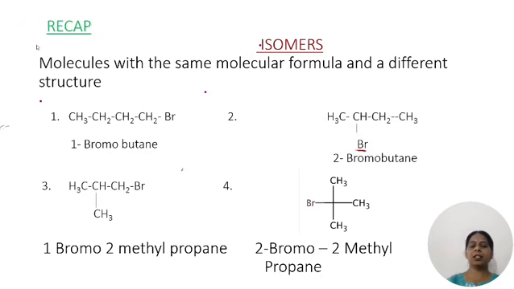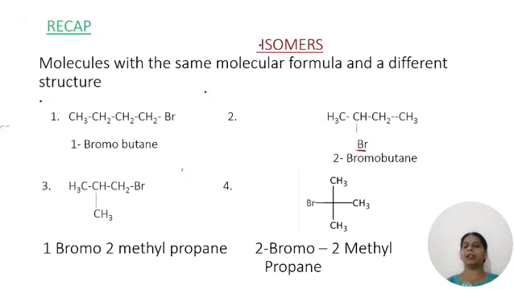Now let's consider this one example given here, that is bromobutane. In bromobutane, it forms four different structures by different arrangements of the atoms in the chain. In the first structure, we got 1-bromobutane, where Br is attached to the first carbon, and in the second structure, Br is shifted and occupies the second position of the carbon.